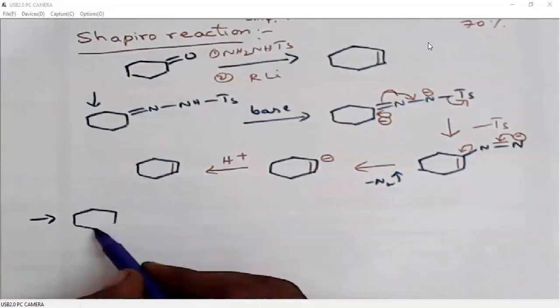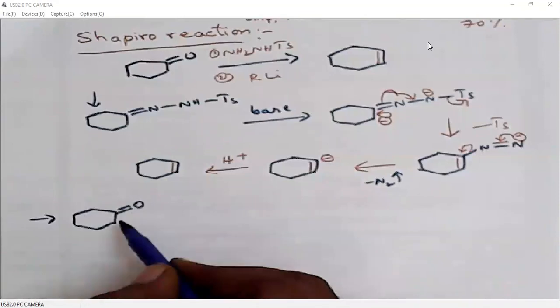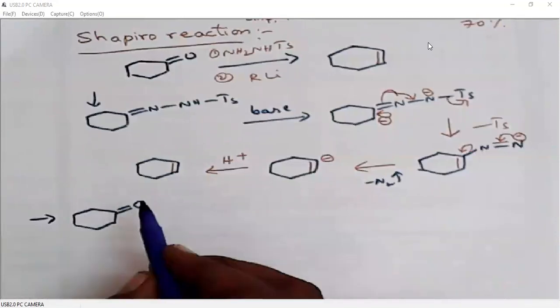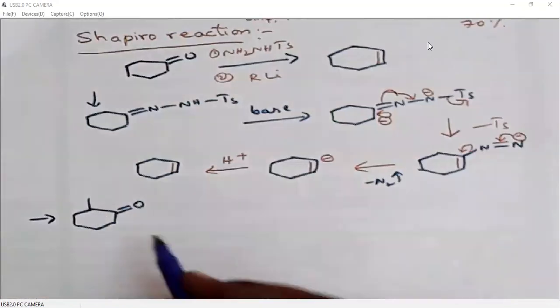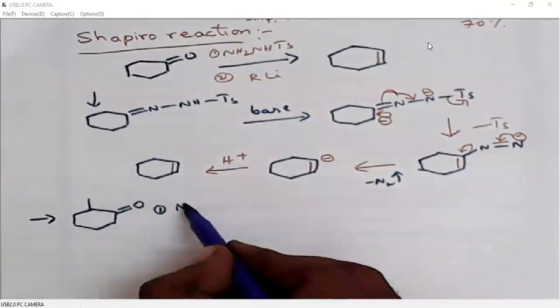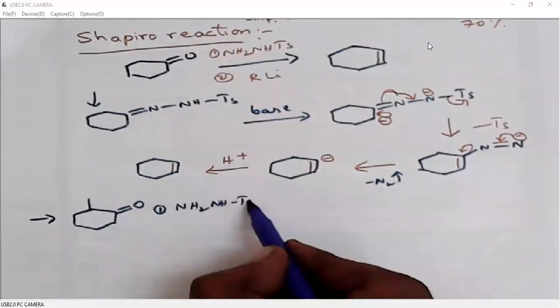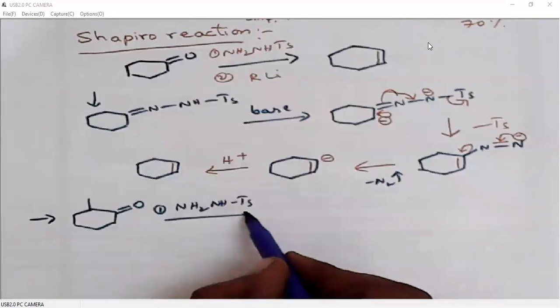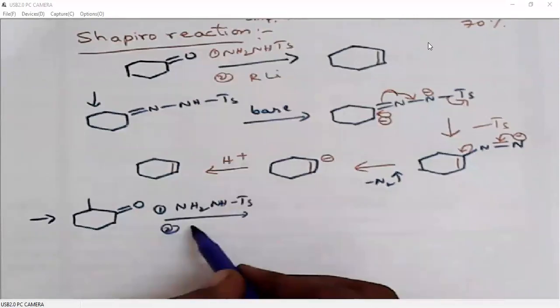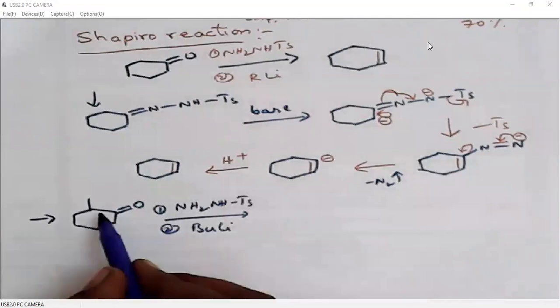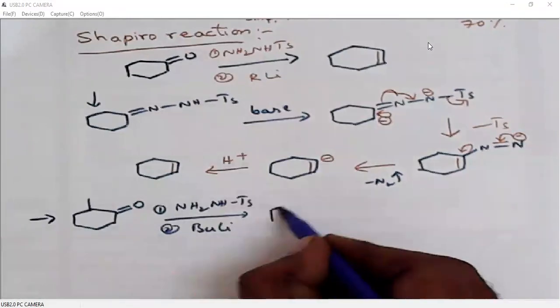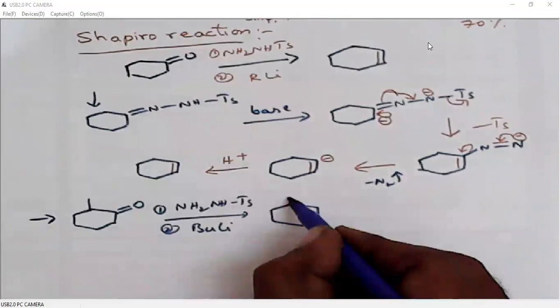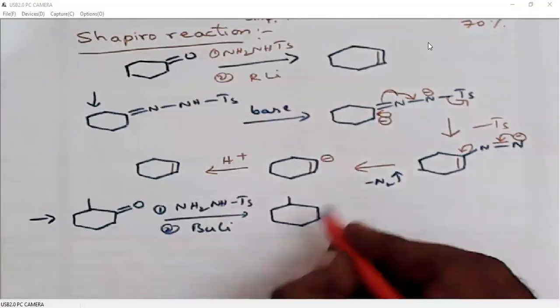The above given carbonyl is a symmetrical carbonyl, but if we have an unsymmetrical carbonyl, then how will it generate a double bond, whether it is a kinetic product or a thermodynamic product? There are two possibilities. We can generate a double bond here, or we can generate a double bond here. Generally, this reaction is a kinetic controlled reaction.